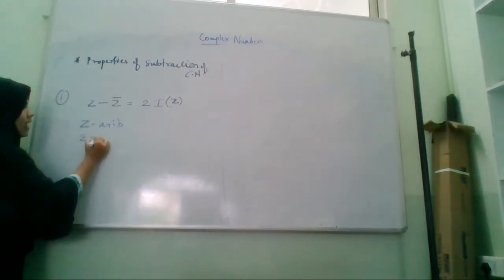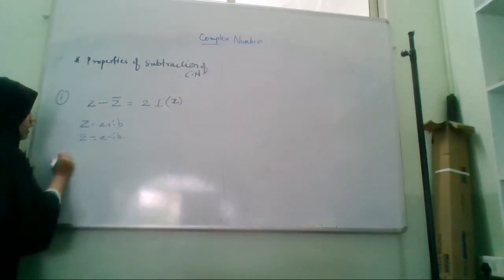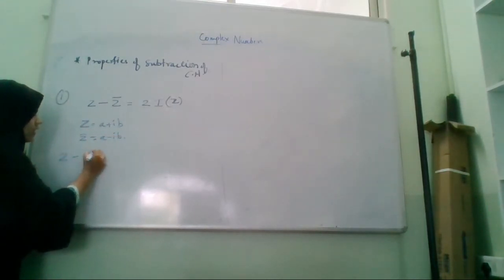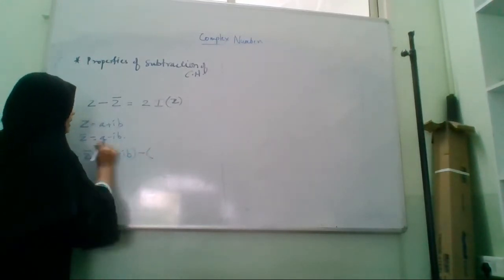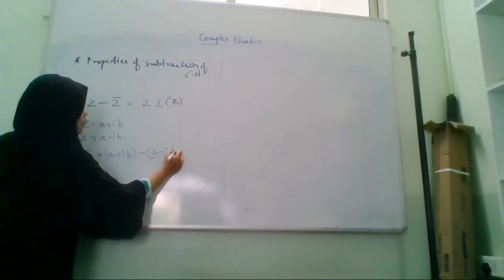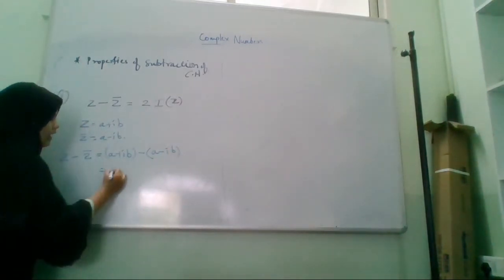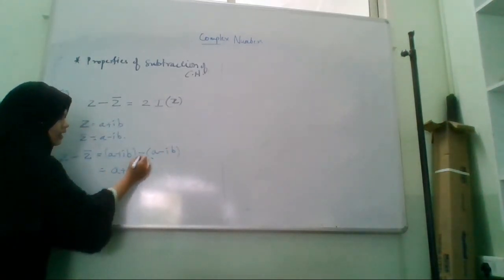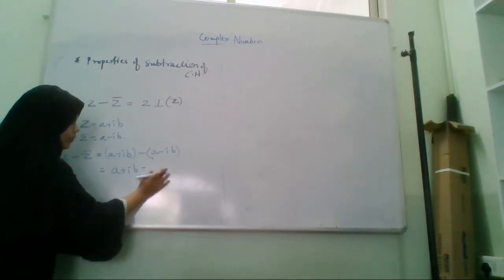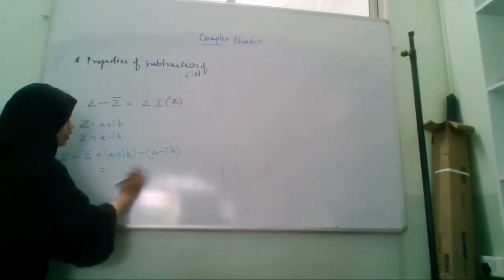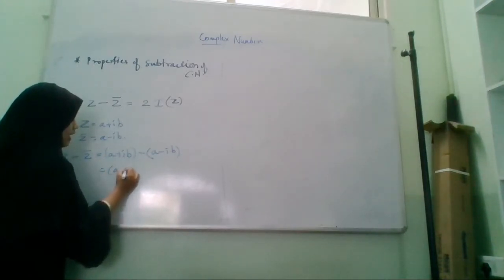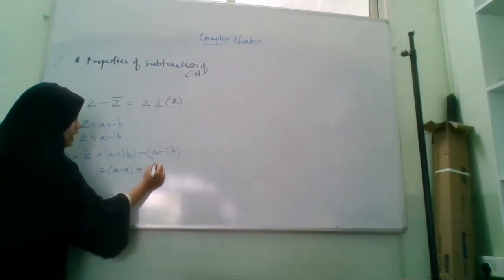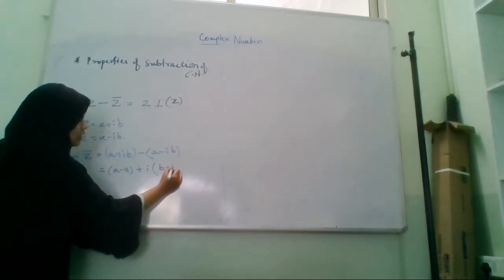What will be z bar? It is a minus ib. Now z minus z bar will be a plus ib minus a minus ib. So this will be a plus ib; now take the minus inside. Or you can directly do the subtraction: a minus a, plus, taking i common, b minus minus b, and this minus becomes plus b.